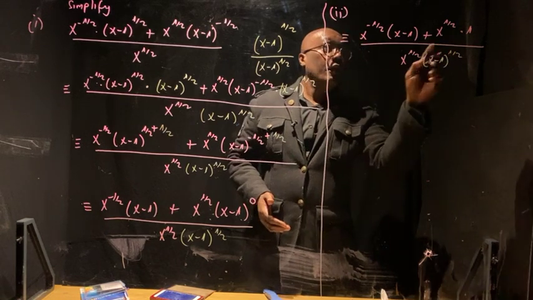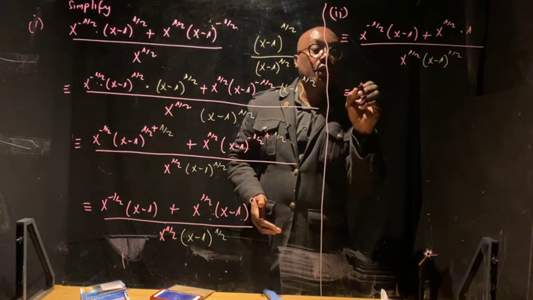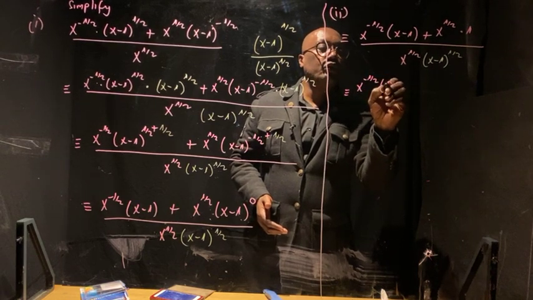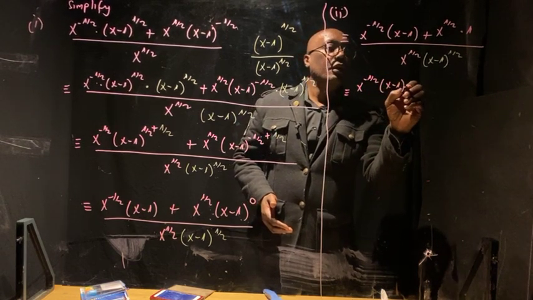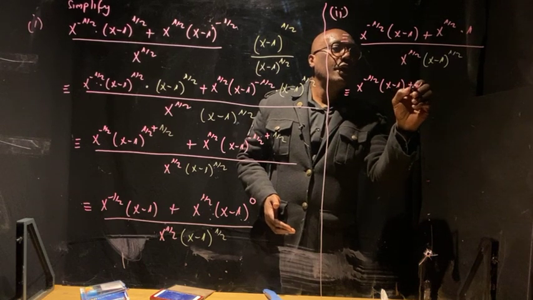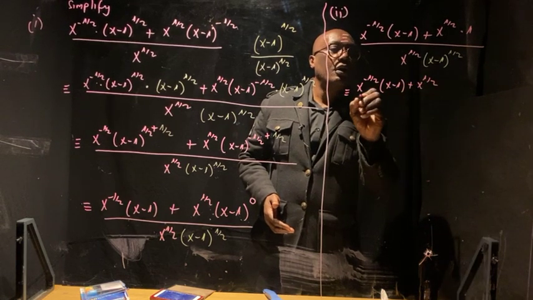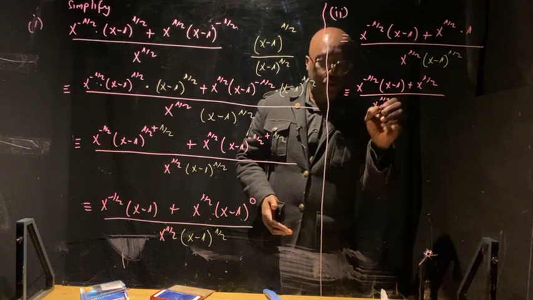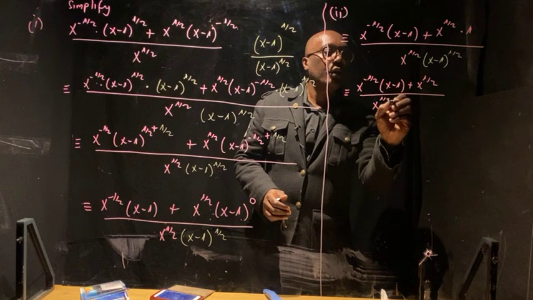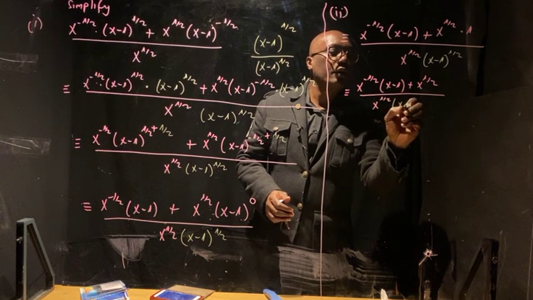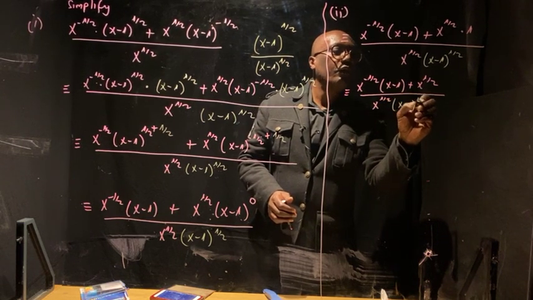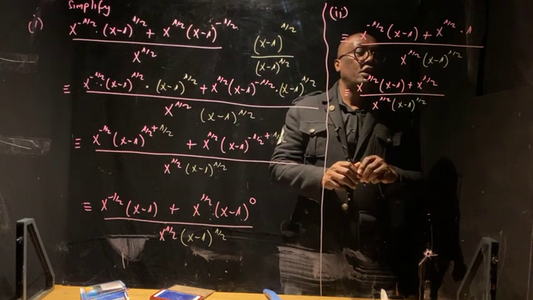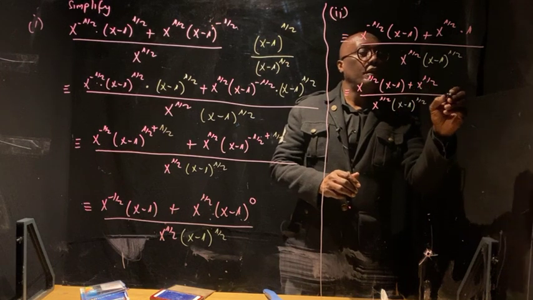So this one, I'll make it x raised to the power negative half multiplied to x minus 1, plus x raised to the power half, all over x raised to the power half multiplied to x minus 1 raised to the power half. Then I'm going to clone it. I'll use the simpler term, so I pick up this one and clone it here.